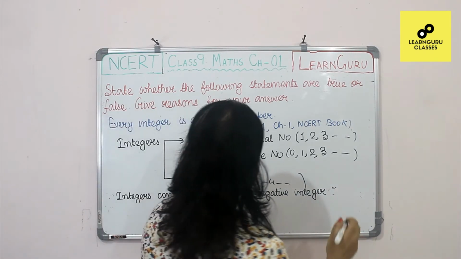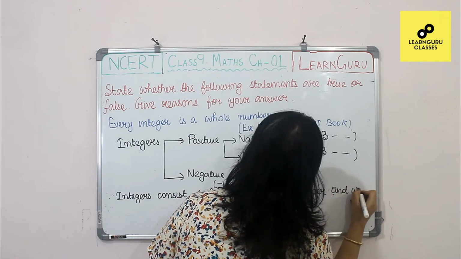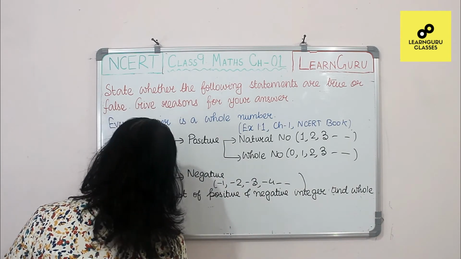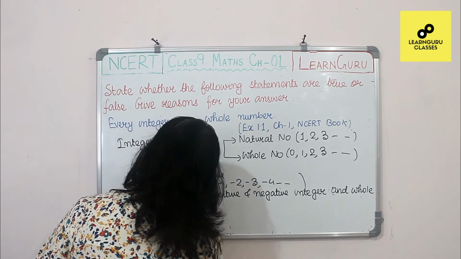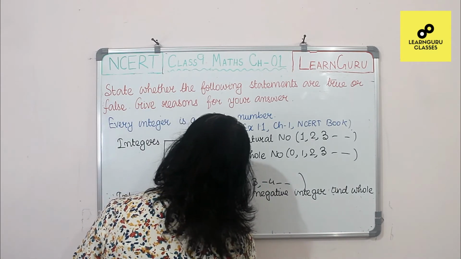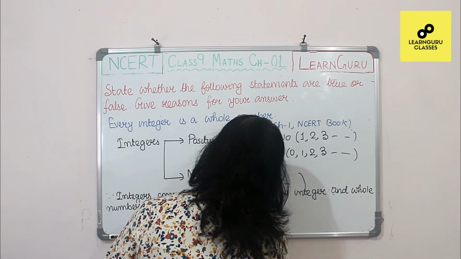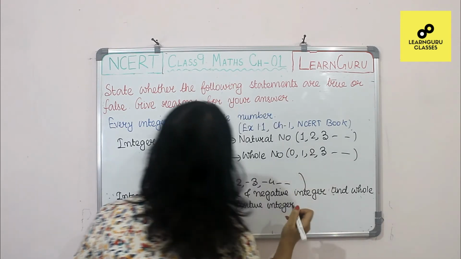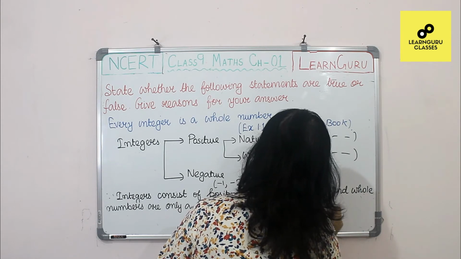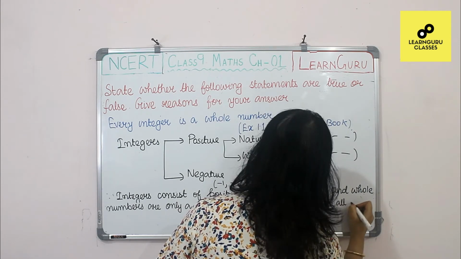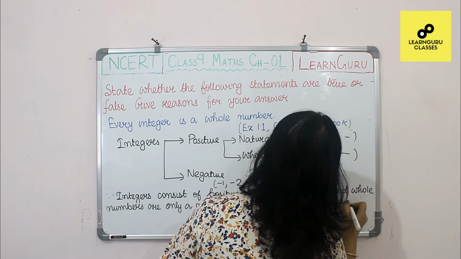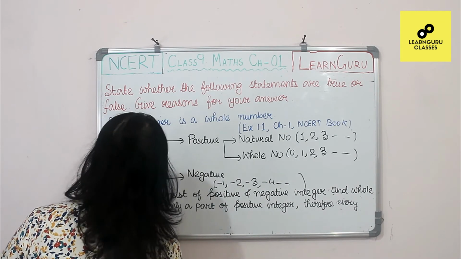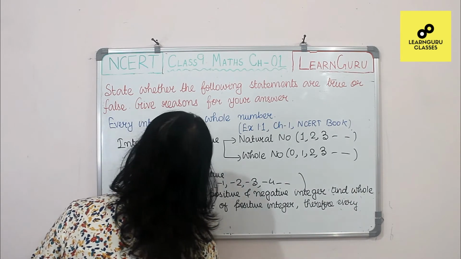Integers consist of positive and negative integers, and whole numbers are only a part of positive integer, therefore every integer is not a whole number.